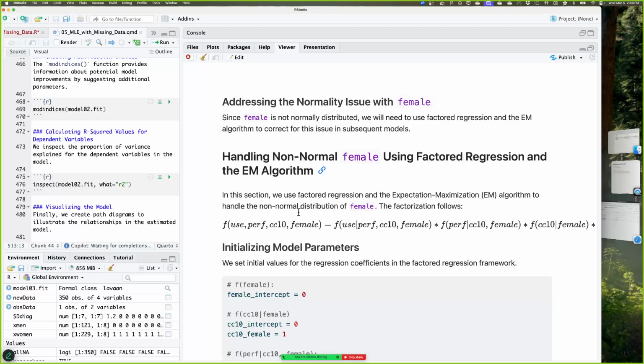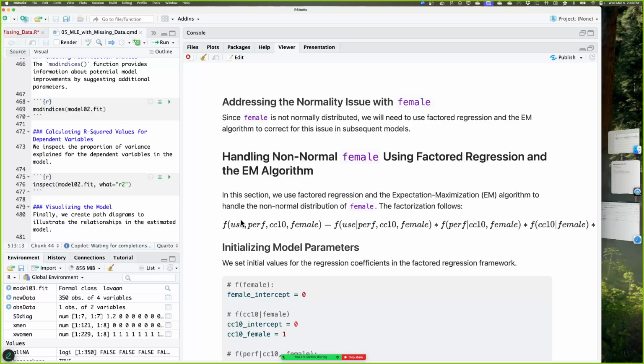So when I'm talking about factor regression here, it's a little bit different than the book. I'm conflating his factor regression in the book with an EM algorithm. Because what we have to really think about is once we have a likelihood function, we can use all sorts of functions to go and optimize it. The problem that we have in this situation with the binary variable is that we don't have a joint likelihood function to build without a factored regression.